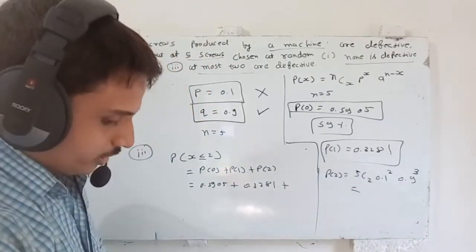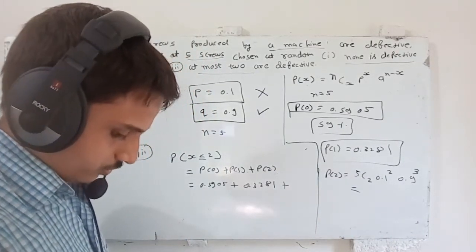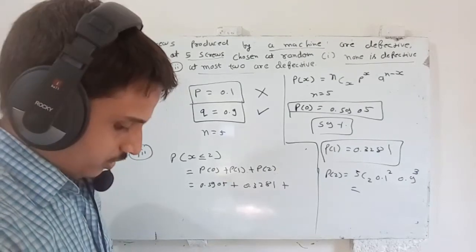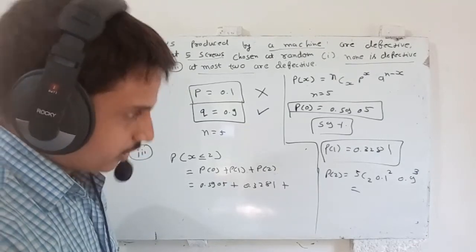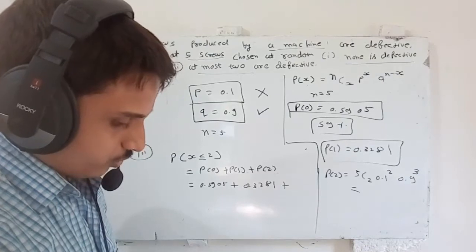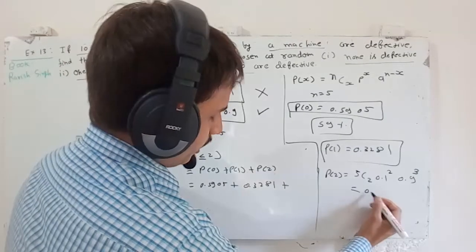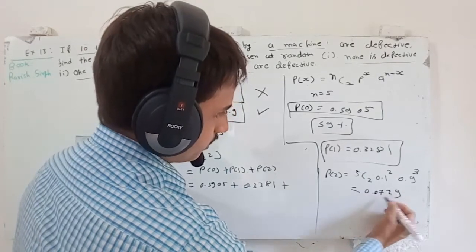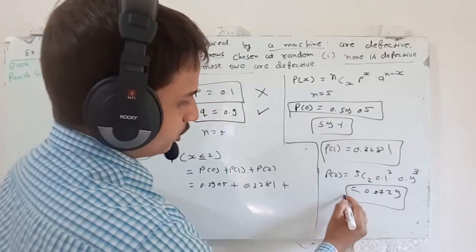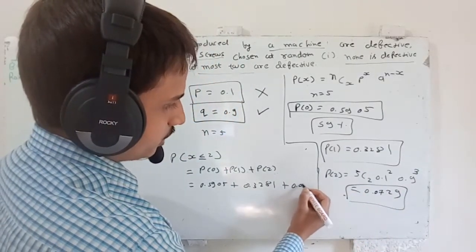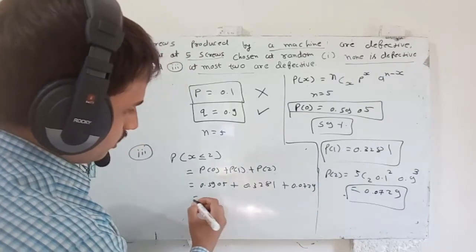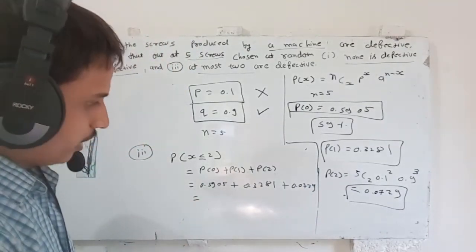Now let us calculate this using the calculator. 5C2 times 0.1 squared times 0.9 raised to 3. So it gives 0.0729. Now we'll put this value here, 0.0729.